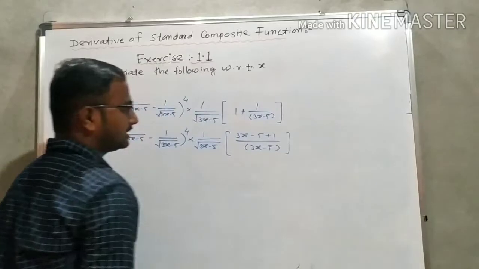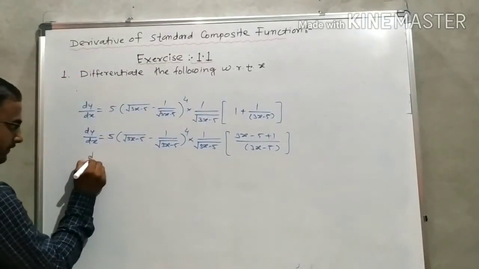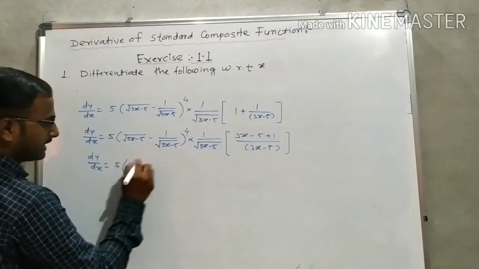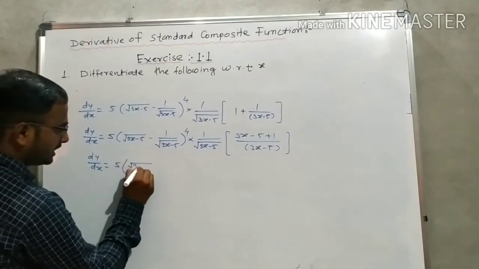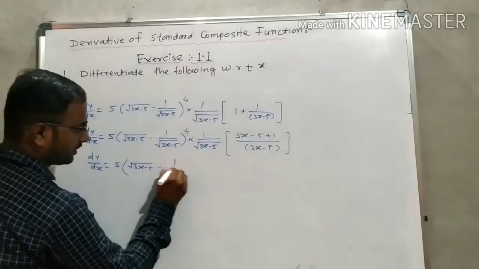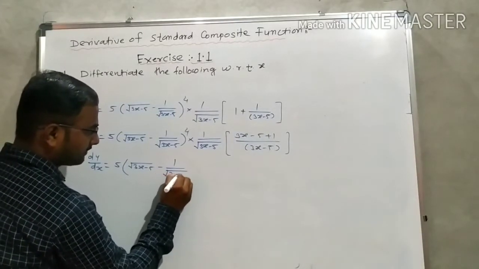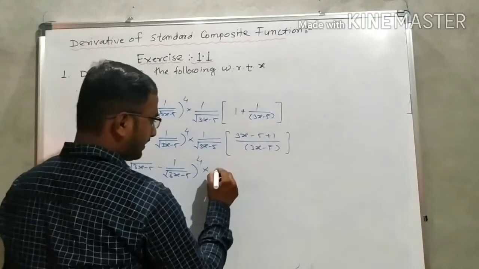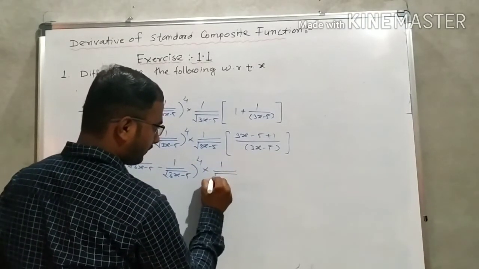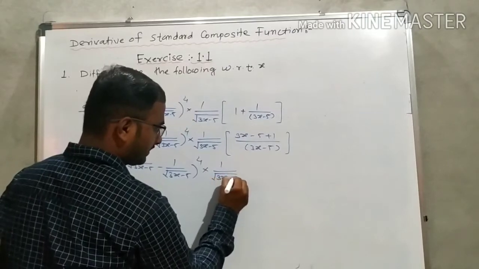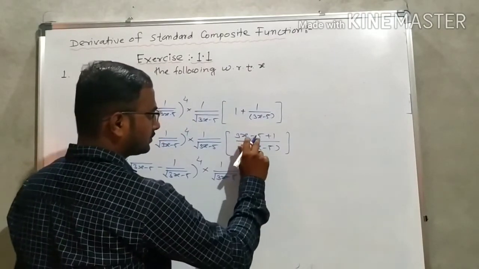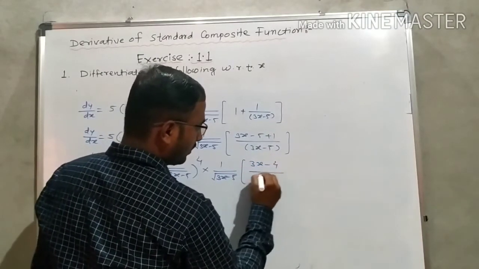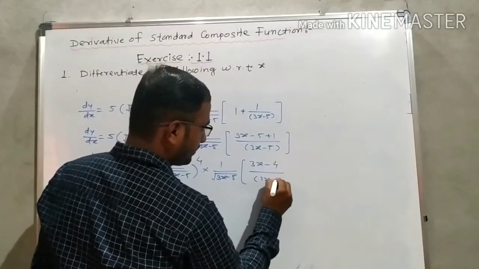Okay. So dy by dx is equals to 5 into, this term may be as it is, square root of 3x minus 5 minus 1 upon square root of 3x minus 5, the bracket to the power 4, into, this term can be multiplied, 1 upon square root of 3x minus 5 in a bracket of 5 minus 1, 4, so 3x minus 4 upon 3x minus 5.